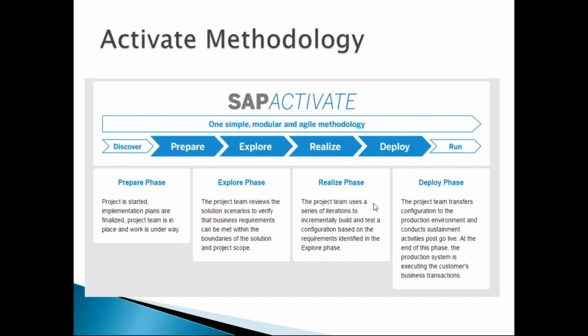So like this, these are the 4 important stages of the success factors implementation cycle. The realize phase is where we start our configurations in the development environment, the development system. Whenever we are done with the configurations, we are required to give the system to the customer for testing. All the configurations will be moved from the development system to the quality or testing system.